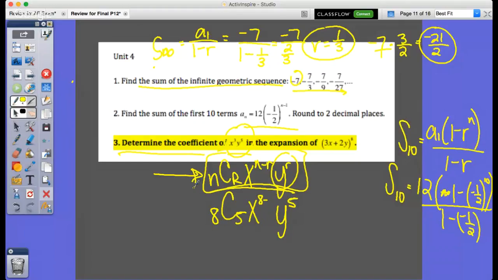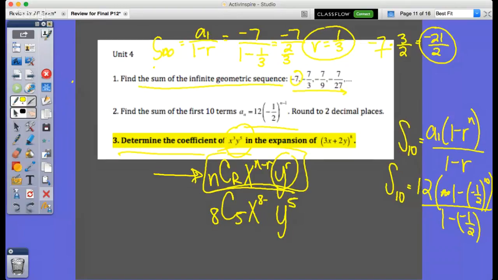Basically, this will allow us to find the term of x to the 3rd, y to the 5th from this here. We recognize that y is to the 5th and y is to the r in the formula. Therefore, 5 is r, because as we match up the formula to what was given, 5 and r are the same.